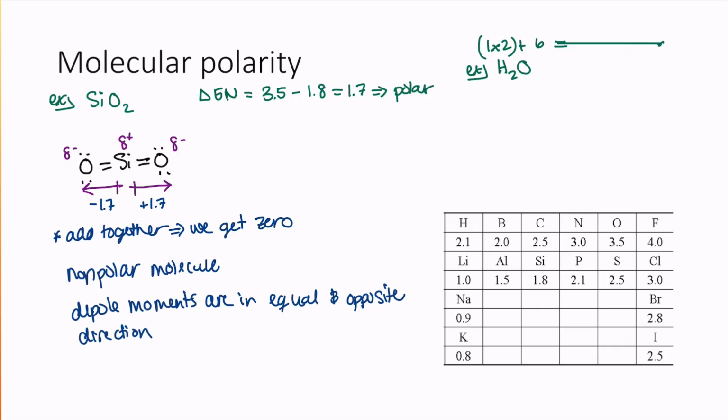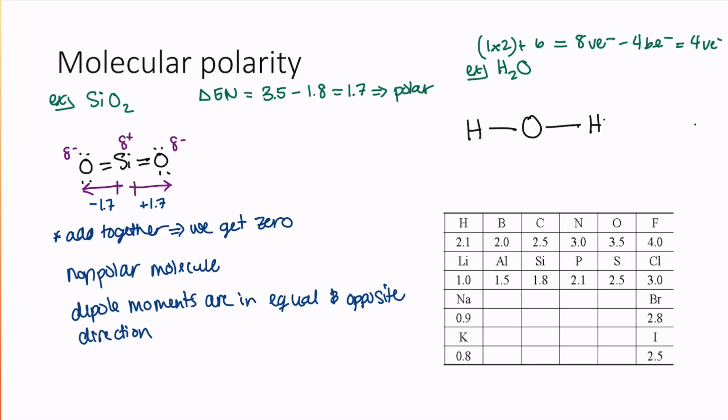So I'm going to have a total of 8 valence electrons to work with. Oxygen has to be my central atom because hydrogen cannot be. So I'm going to distribute the hydrogens around my oxygen and draw a line between them. Since I drew 2 lines, that's going to account for 4 bonding electrons. So I'm going to have 4 valence electrons left over.